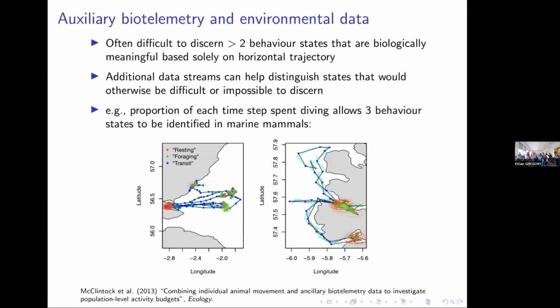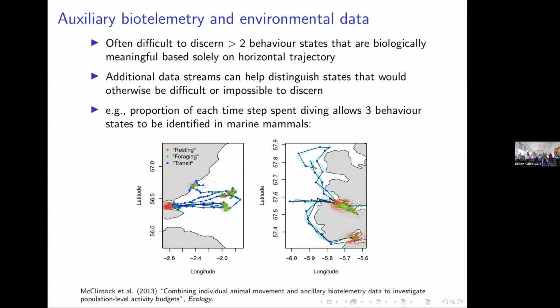And here's a little pitch for incorporating additional data beyond just the horizontal trajectory when you're doing these types of models. And that's because it can be hard to discern more than two biologically meaningful states based on trajectory alone. So if you incorporate additional data types, it can make it a lot easier to differentiate them.